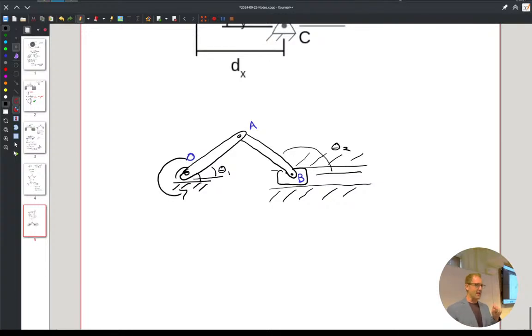What about A? What is point A doing as theta is increasing? Let's say every second it has another 10 degrees, 10 degrees per second, just keeps going and going, rotates around in a circle. What is A doing?